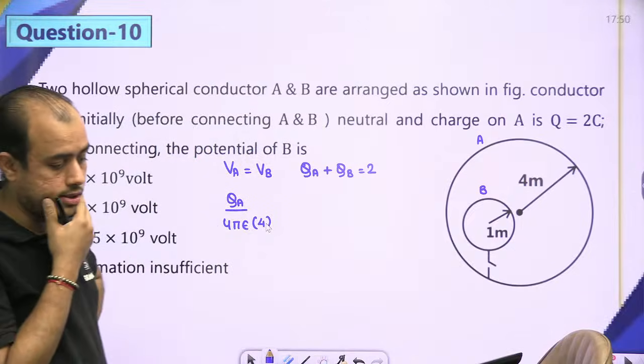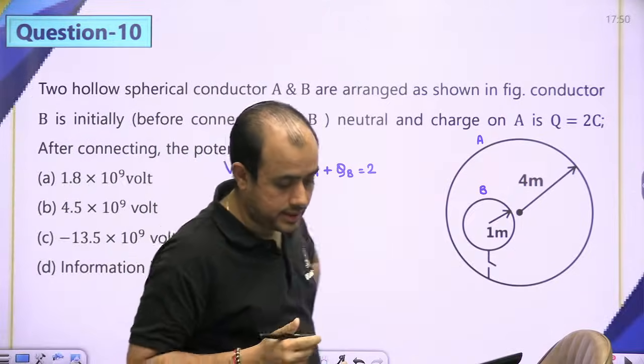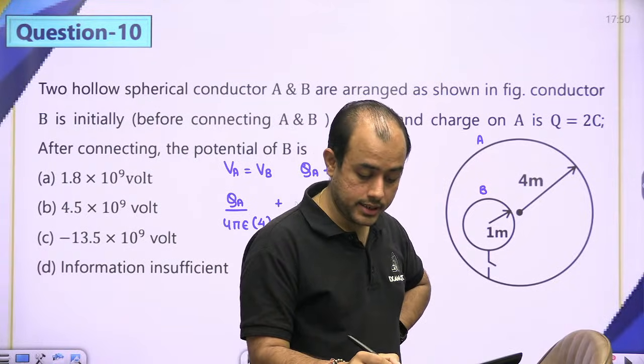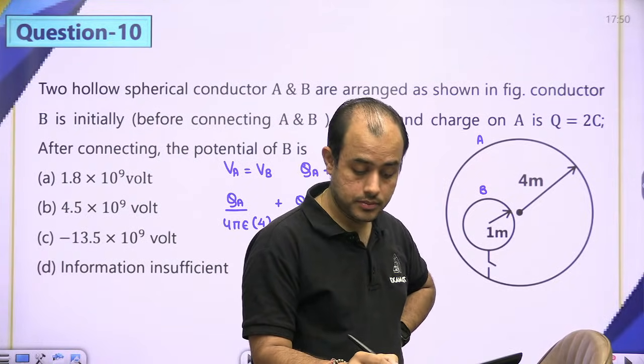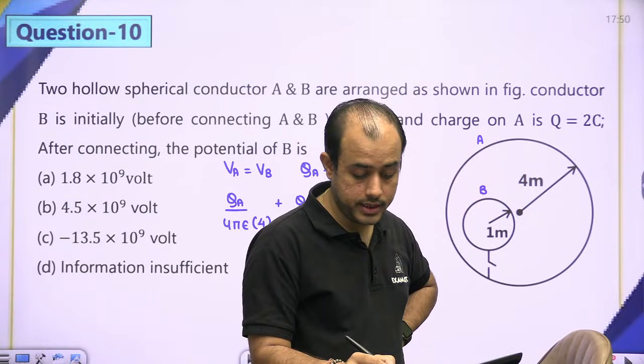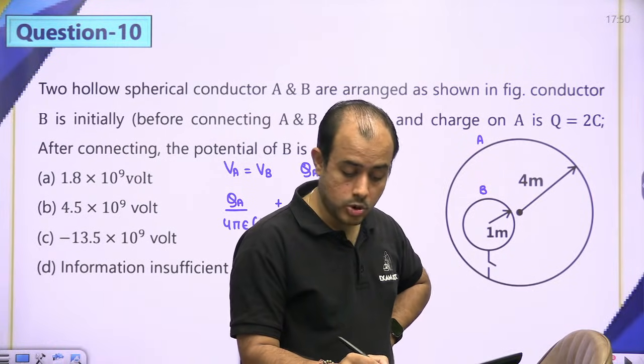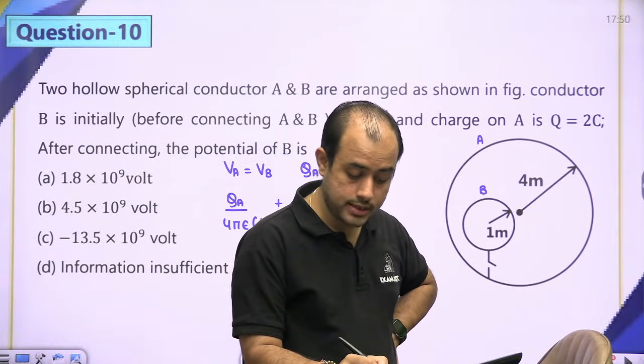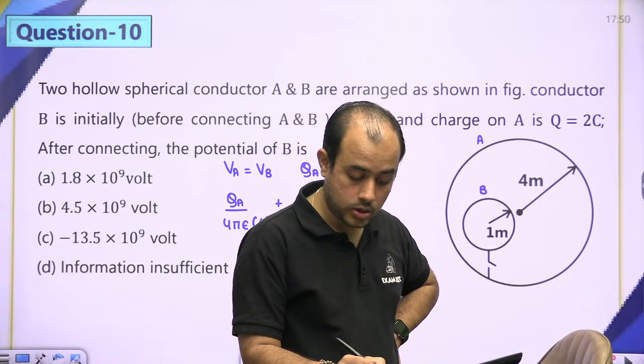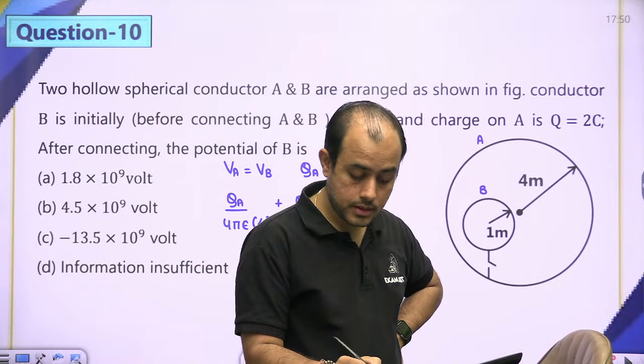For QB also, you will take the outer radius, because QB is inside. What about VB? Because QA is outside, you will take the outer radius. Because QB is inside, you will take the radius of QB.